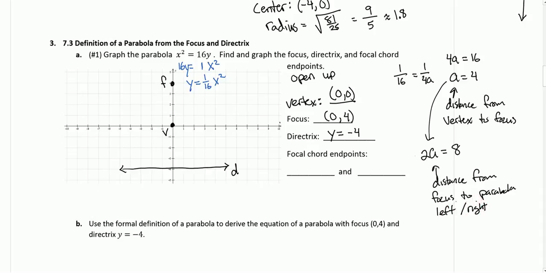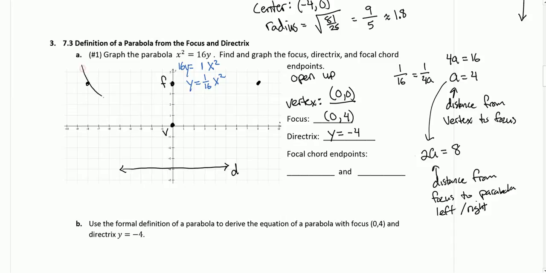So from our focus, I'm going to go right 8 and left 8. So 1, 2, 3, 4, 5, 6, 7, 8. And left 1, 2, 3, 4, 5, 6, 7, 8.